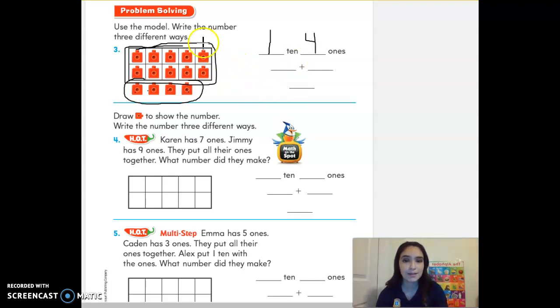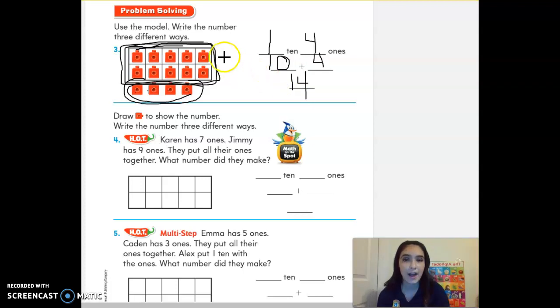Okay, so now if I want to write this in an addition sentence, I need to know how many ones are in this 10 frame, right? I say it in my question, 10 frame. I have 10 plus how many are under my 10 frame, which are my ones. I have 4, which is a total of 14.